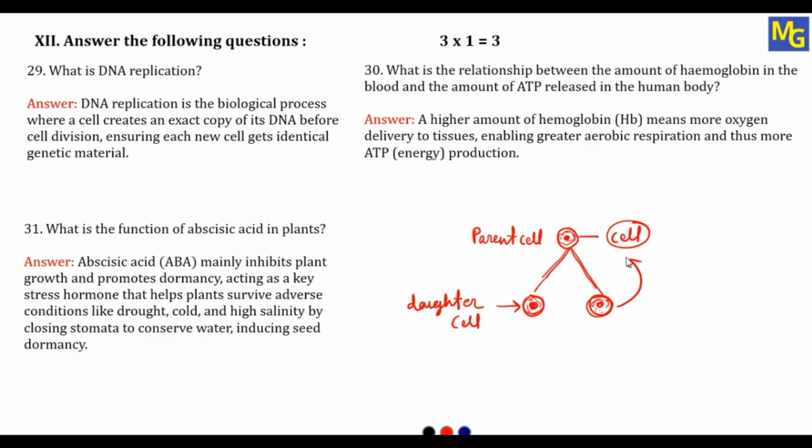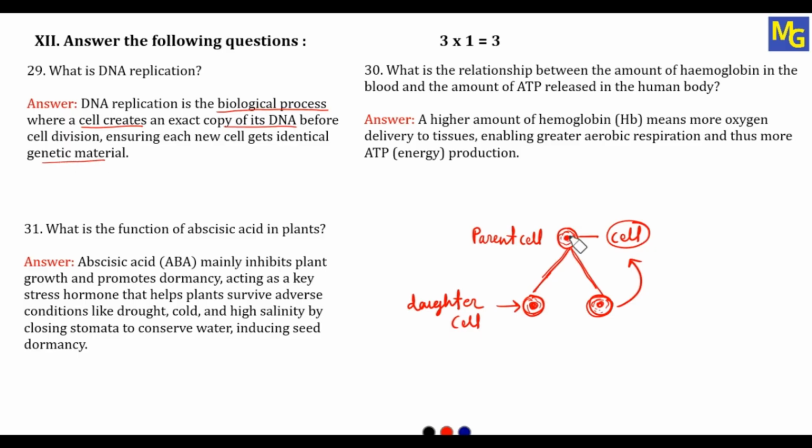So it is an important biological process. If this happens, then only we are going to get the same daughter cells as the parent cell, and this will help to grow an animal as well as to transfer the characters from one generation to the next generation. So therefore, the answer is: DNA replication is the biological process where a cell creates an exact copy of its DNA before cell division, ensuring each cell gets identical genetic material.